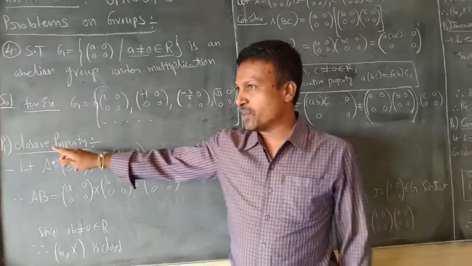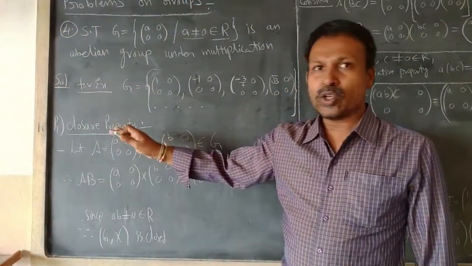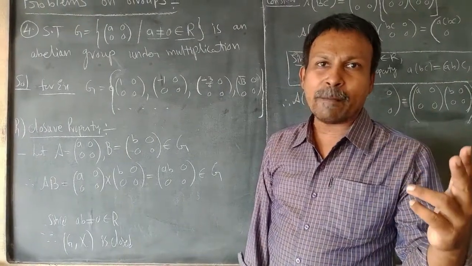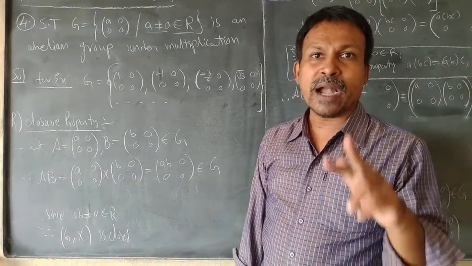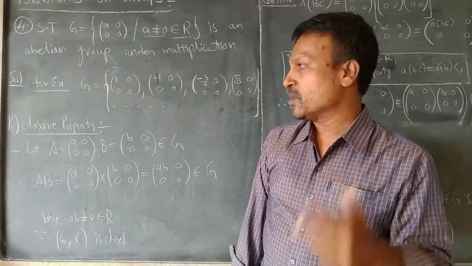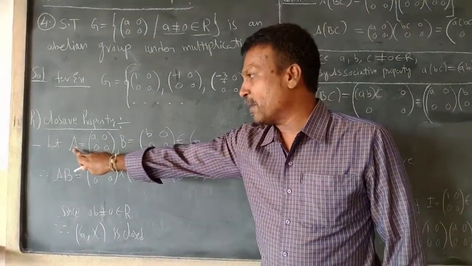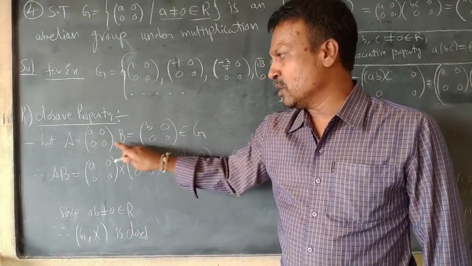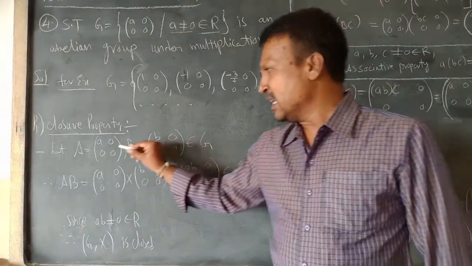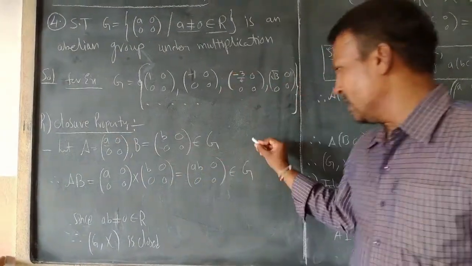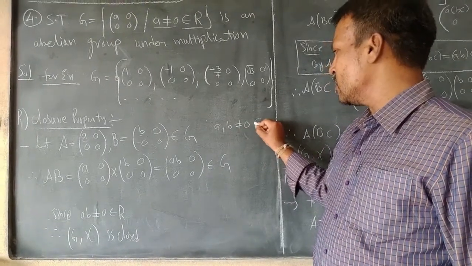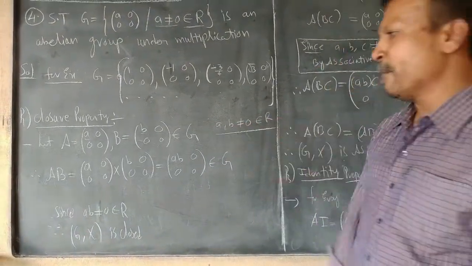So let us go for the first property, that is the closure property. What does the closure property state? If we take any two random matrices from set G and multiply them, the resultant matrix should again be present in set G. So let us take capital A as A, 0, 0, 0, capital B as B, 0, 0, 0, belonging to G. Here a and b are non-zero elements which are present in real numbers.